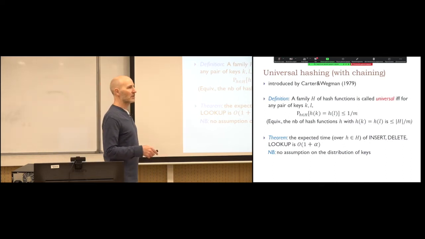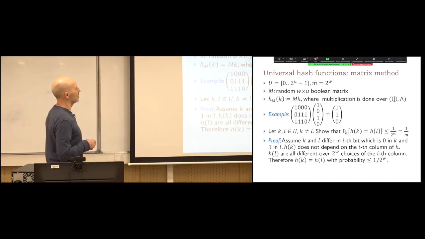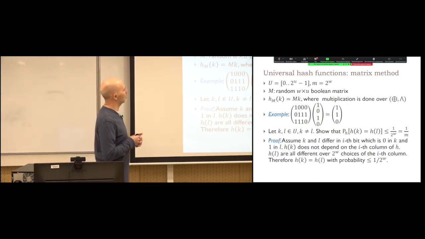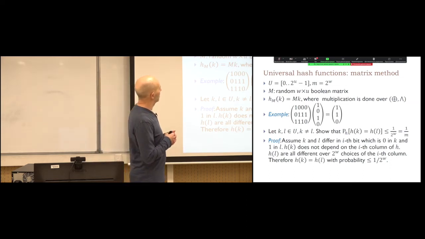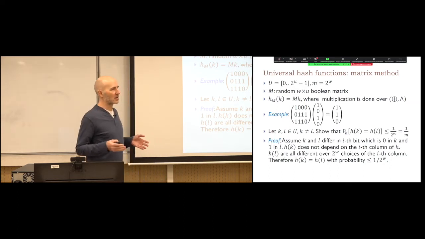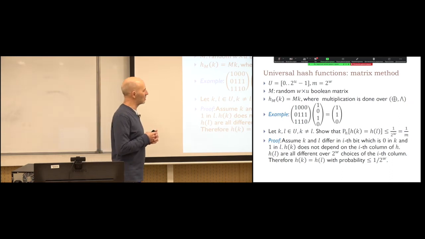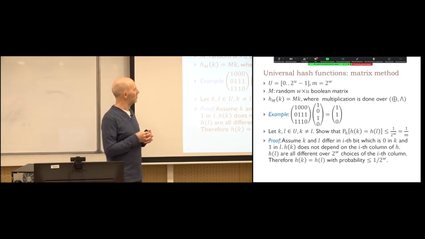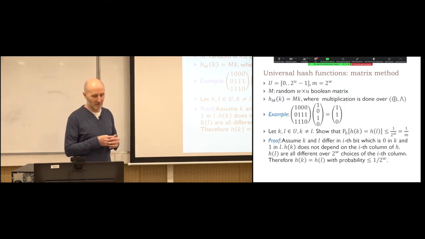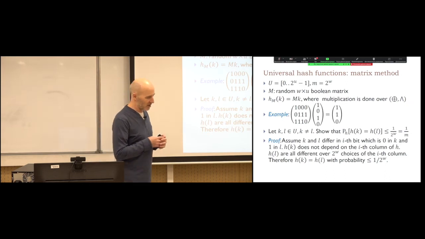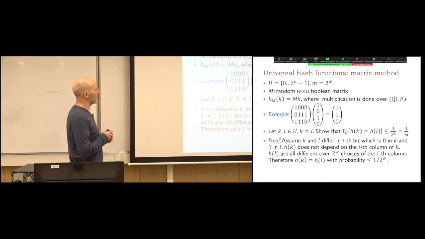No questions? Fine. Okay. So how to construct a universal family of hash functions, and do they ever exist? This is not immediate from the definition. So there are several. I don't know how many, but there are.